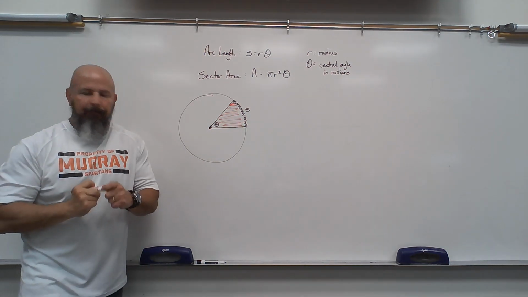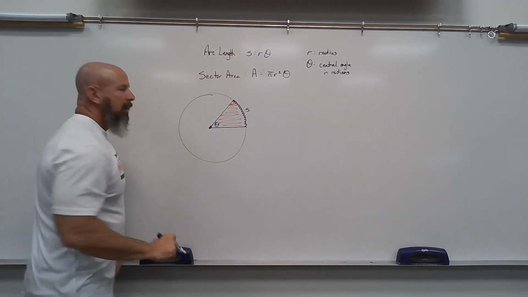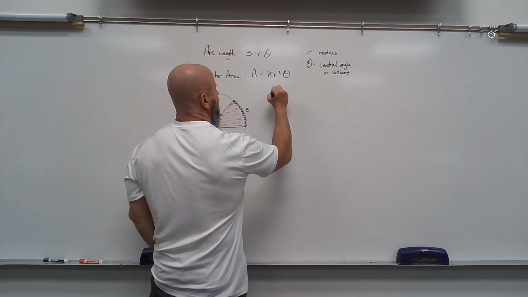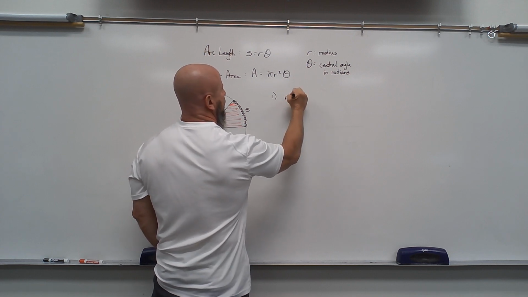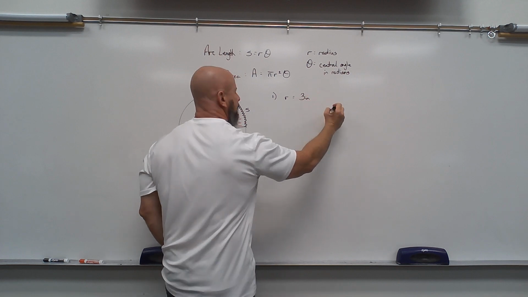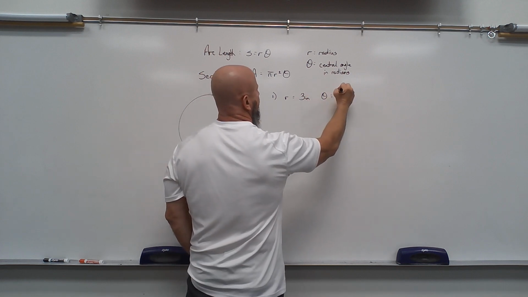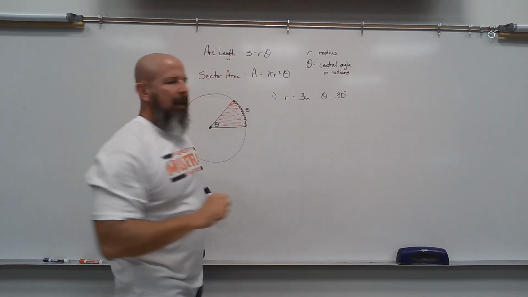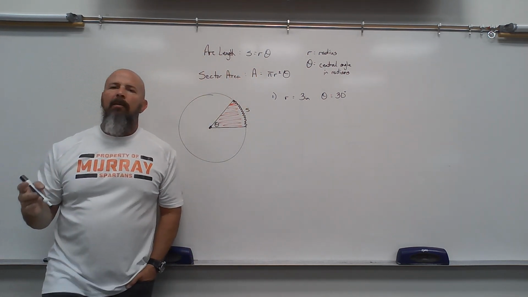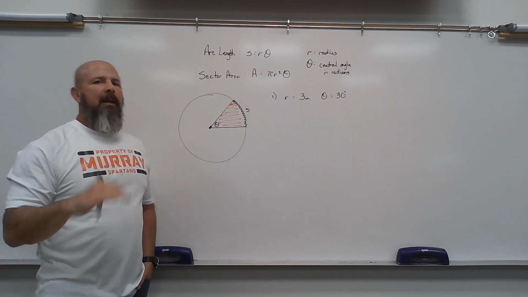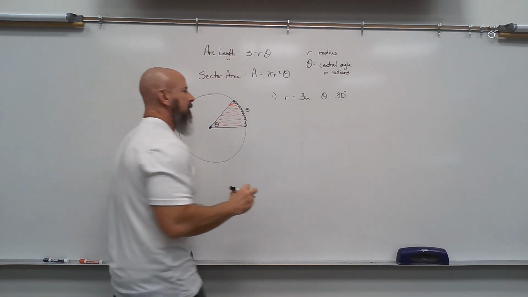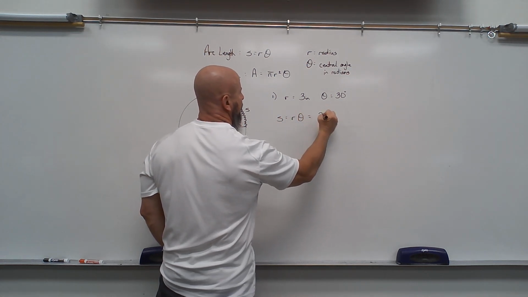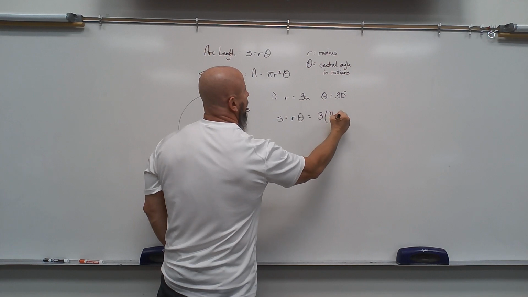Okay? So let's say I'm told, for example, number one, the radius is 3 inches and theta is 30 degrees. And I want to find a value for the arc length and the sector area. Well, arc length is S equals R theta, so that would be 3 times pi over 6.